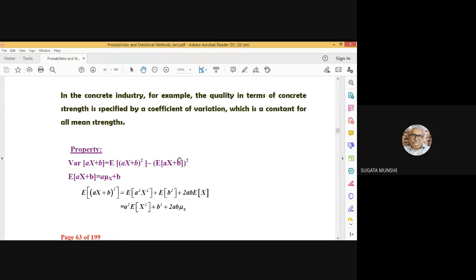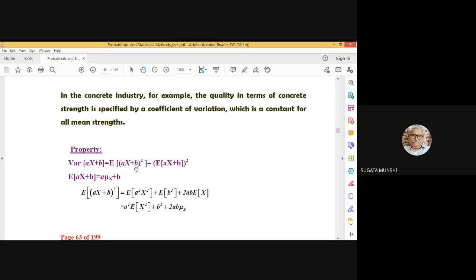Ax plus b is the new random variable. So you square it and take the expectation, that is the mean square value, minus the mean value of ax plus b, which is the expectation of ax plus b, that squared. So that is the very common expression for variance.